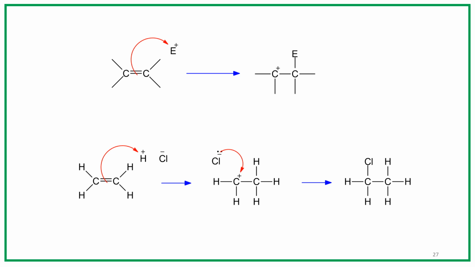This is what we call the electrophile. The addition part is HCl added into this ethylene, we call addition of electrophile. This reaction starts due to the electrophile and addition takes place. Therefore, we call this type of reaction an electrophilic addition reaction.